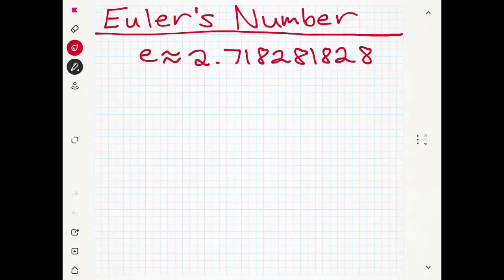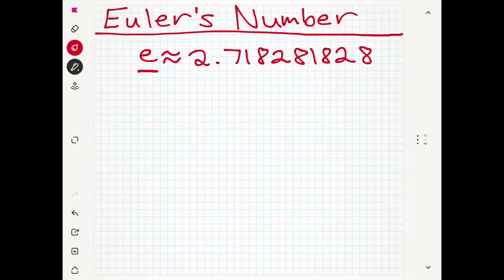Before that, let me talk about something called Euler's numbers. Sorry if I can't pronounce his name. You're going to be seeing this a lot in calculus 12, and it's the symbol e. It is the base that makes the slope of the line tangent to the curve y = a^x at x = 0 equal to 1.